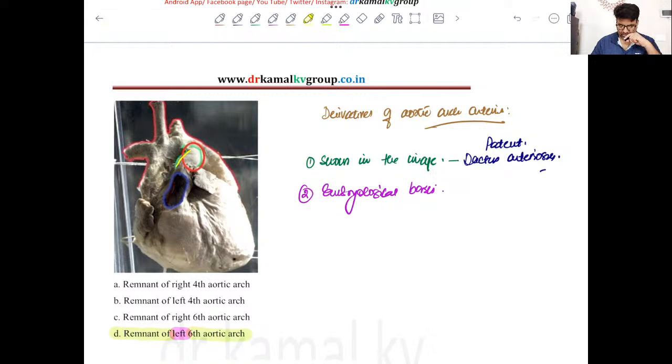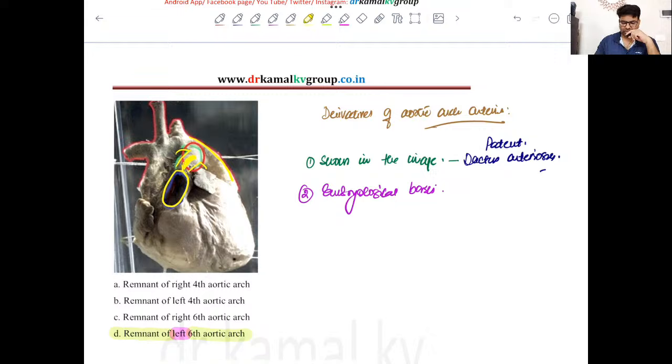So you can see this is the aorta, the descending aorta, and here you can say this is the pulmonary trunk, right? There is a communication between the pulmonary trunk and the aorta, and this is the ductus arteriosus.